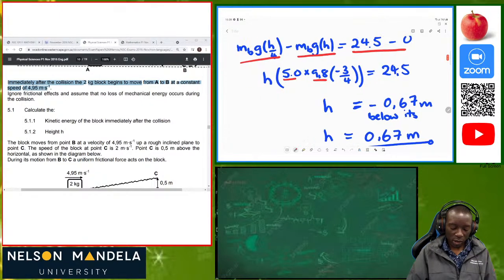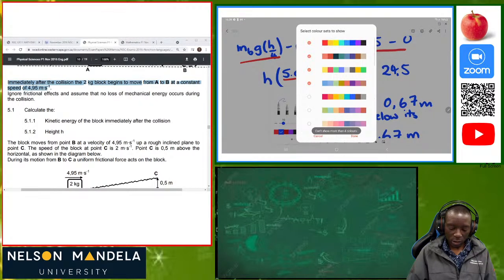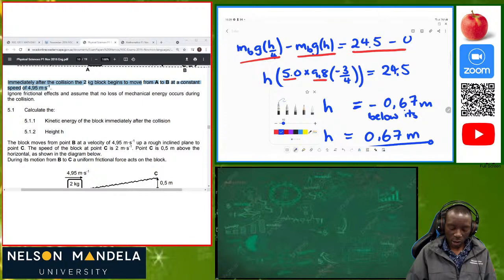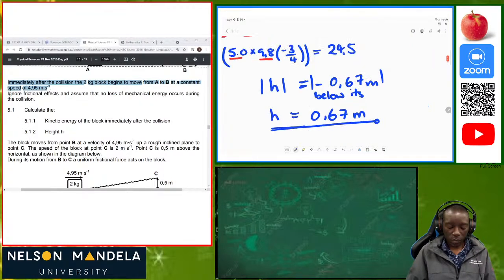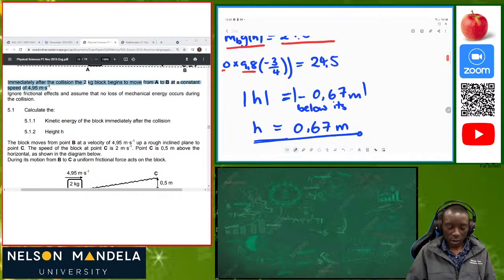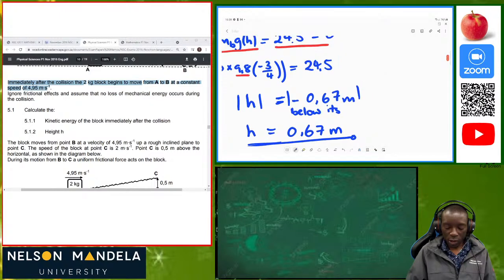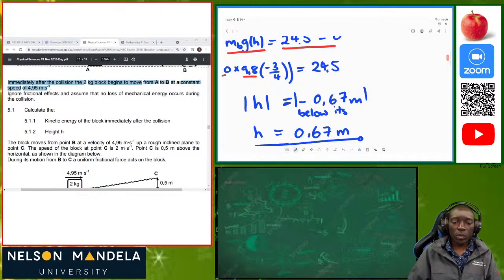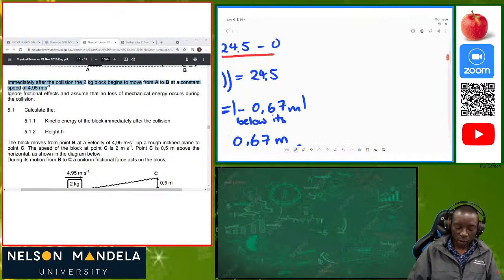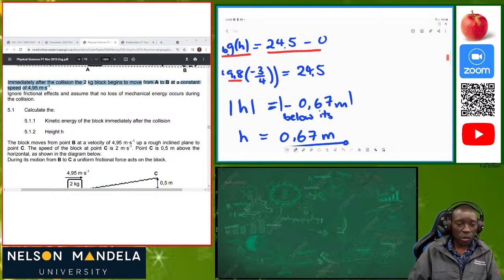And don't forget, we said the magnitude is what we are dealing with here. So the magnitude of h is equal to the magnitude of that. And h will be 0.67 meters. So the height is measured from below its initial position, as the bob moves both downwards and to the right.